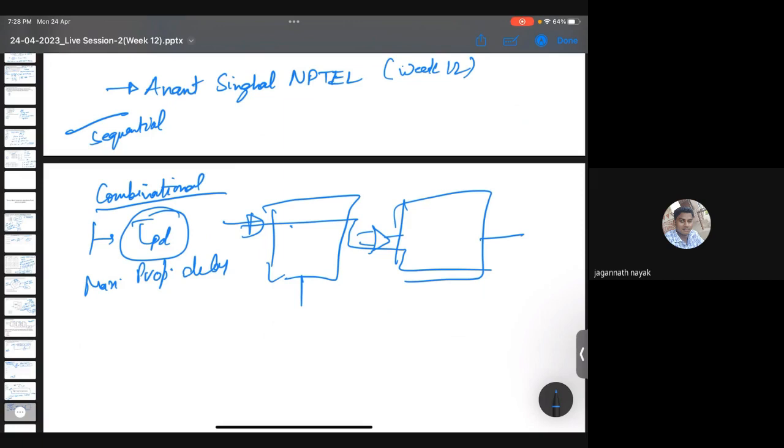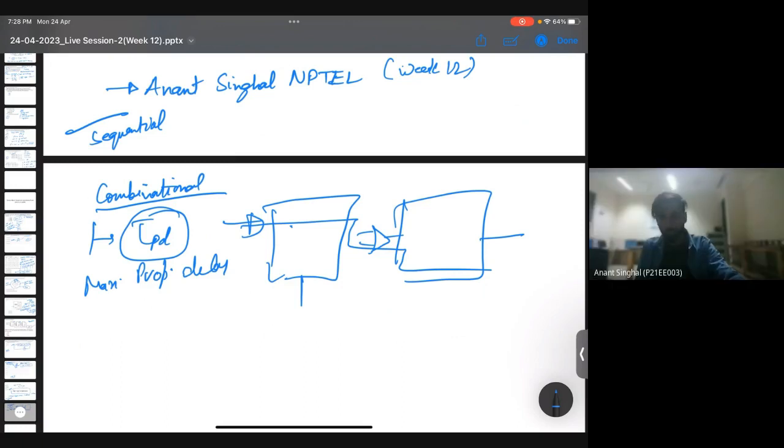The pattern will be MCQ, but how many questions there are, I don't know. So maybe you can email the NPTEL team directly, and they will solve your query and tell you the pattern and the number of questions that will come in your exam.